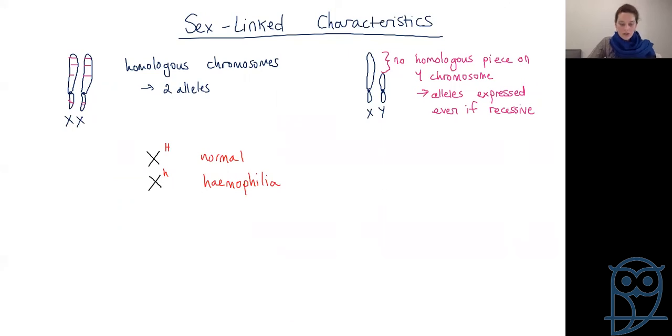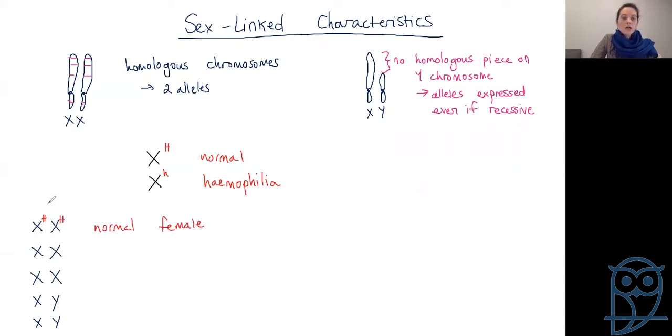So when it comes to understanding how this would look in terms of different genotypes, we have various different options. We can have X^H X^H, X^H X^h, X^h X^h, 3 different options for the women, but we only have 2 different options for male. So we could have a normal female.